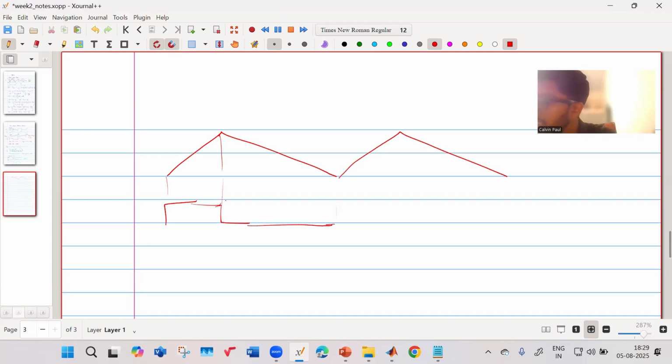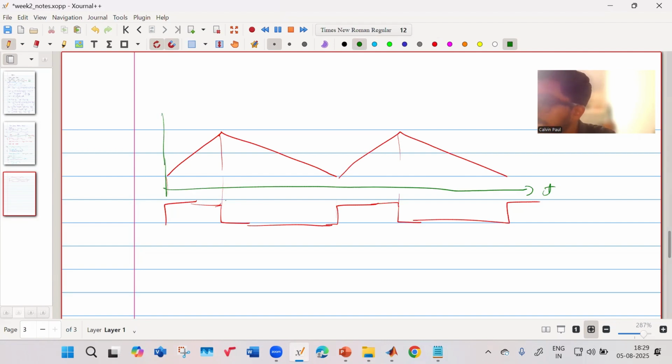Gate signal is like this, like this, like this, etc. And this is the zero value of my current. This is my IL and this is the zero value of my current. So my current is not going negative. It is not going negative. It is always above zero. Okay. And this is my Q.